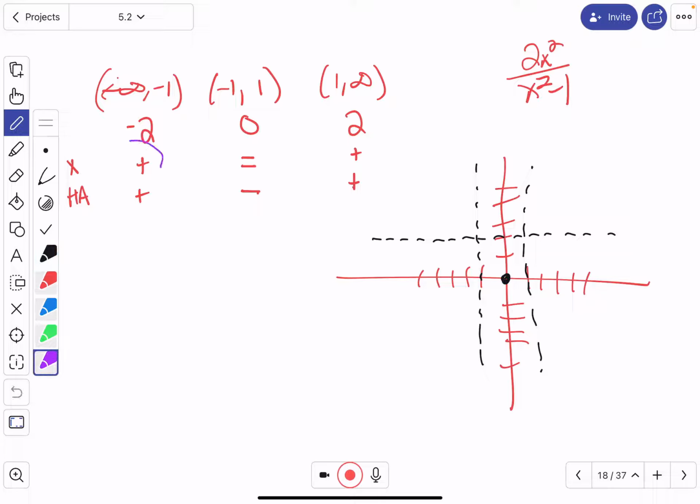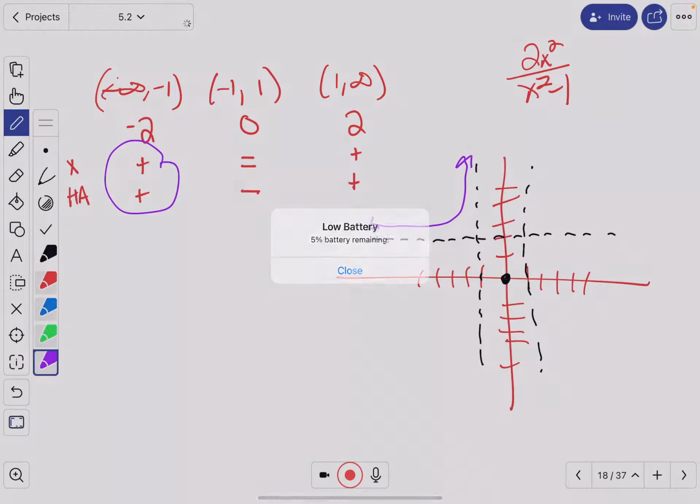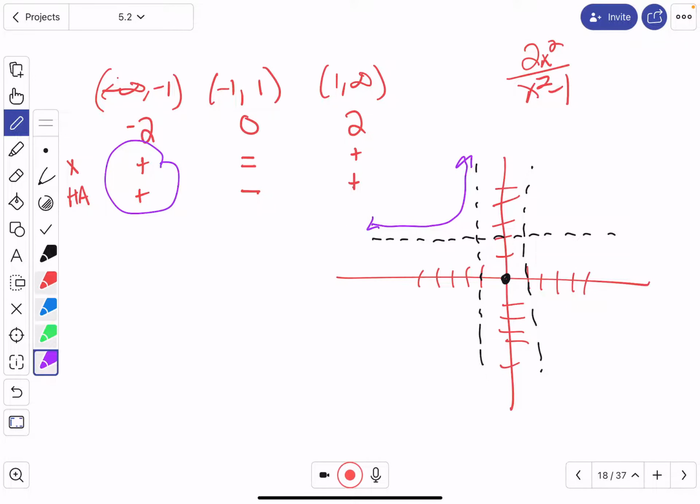Now I use these. So the first section, we're above both things. The second section, the highest point is going to equal 0. If we're not sure whether it goes above or below, we can always test each half if we wanted. But it's going to look like this. And then the last piece is above. So there's that graph.